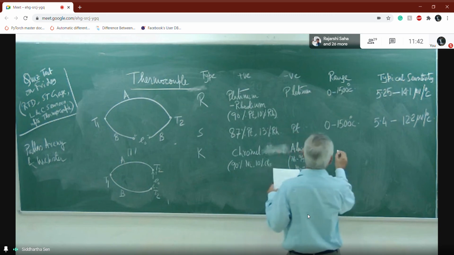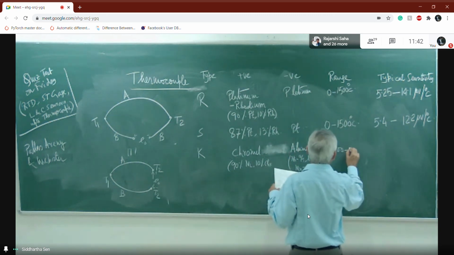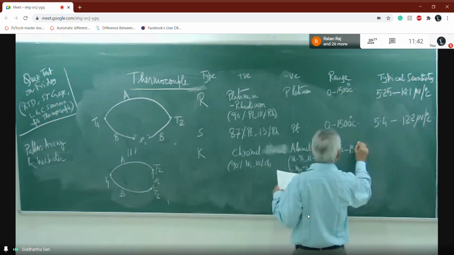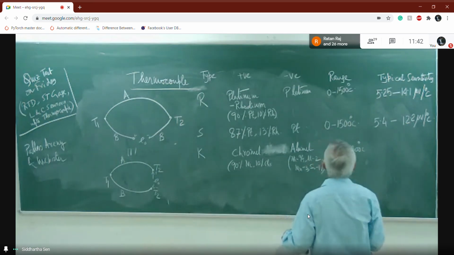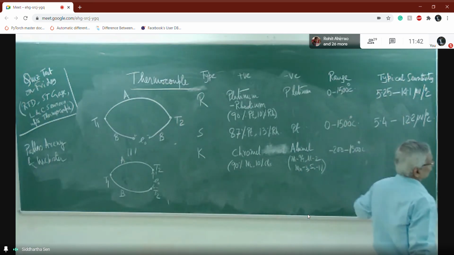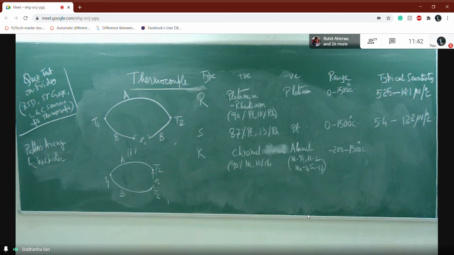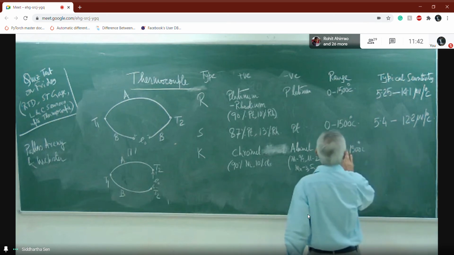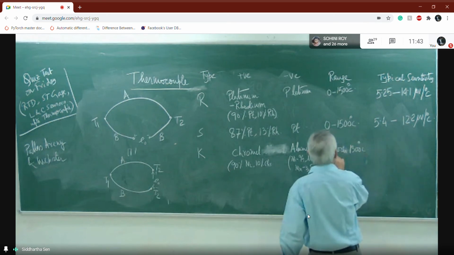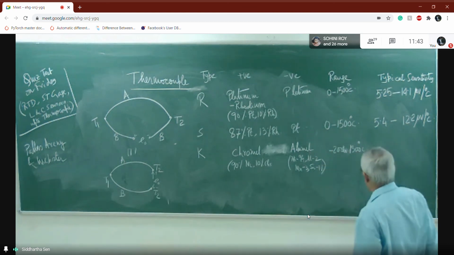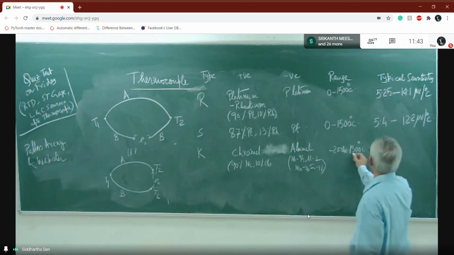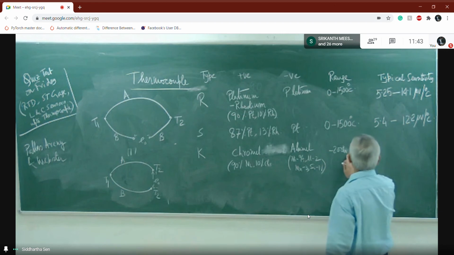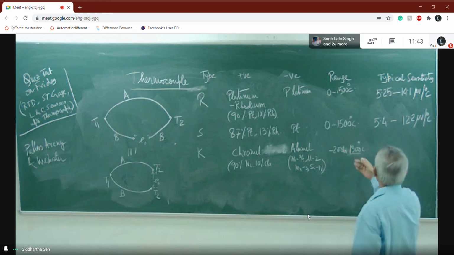Its range is -200 to 1300 degrees Celsius. So it can measure negative temperatures also, but the maximum is 1300 degrees Celsius, and so it is next to the platinum ones.